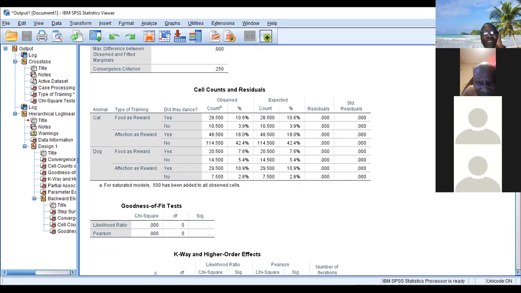What do you see in the cell count? If you see the first table we showed, even in the cross tabulation and the table I used to present it, you will see there are 28 cats that see food as reward, and 10 that see affection as reward. The number of cats under the training dance is 38, if you remember.